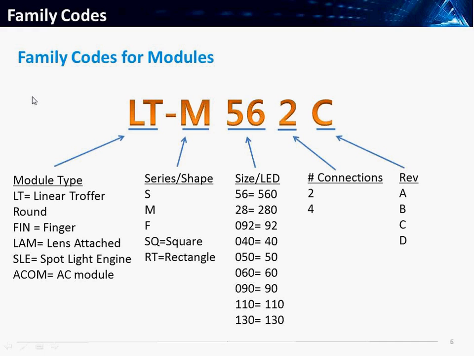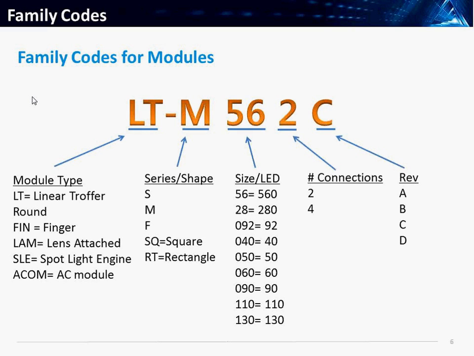A little different for modules. But the first digits, or the first word in the family, like L is linear troffer, could be a module, or lens attached module, or spotlight engine, or ACOM. The letter typically is a series or shape of that particular module. So it's S series, F series, square, rectangle.